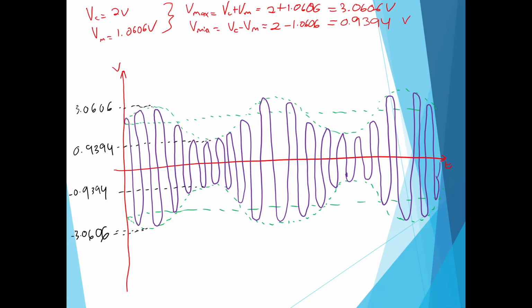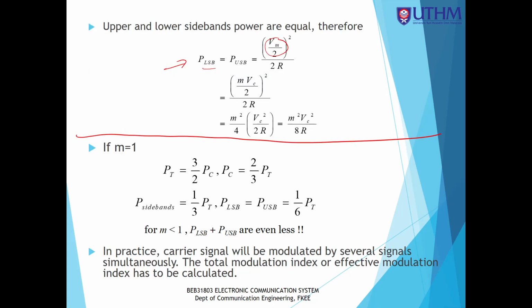So therefore we already know this. Vm over 2 is the peak amplitude of the sideband. So square, divided by 2R, or you can replace it with MVC over 2 square over 2R. So you get m square VC square over 4 over 2R, which is m square VC square over 8R.